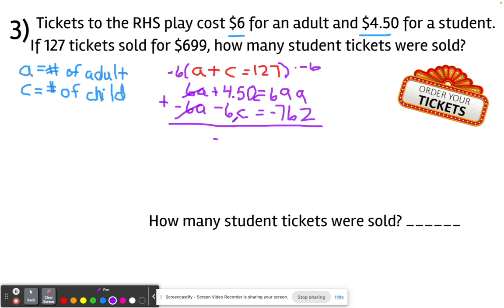And 4.5 minus 6 is -1.5C. And 699 minus 762 is -63. Let's divide both sides by -1.5.